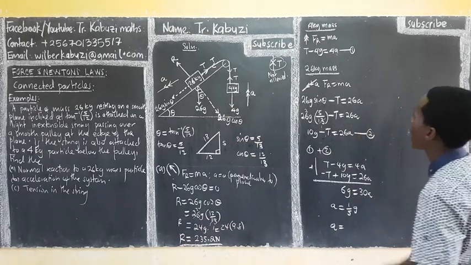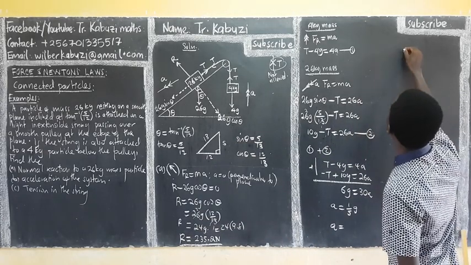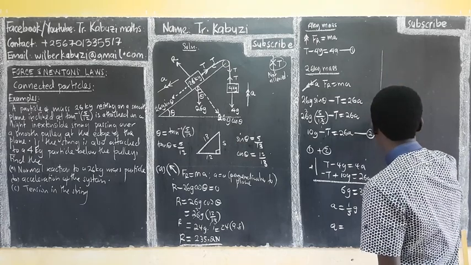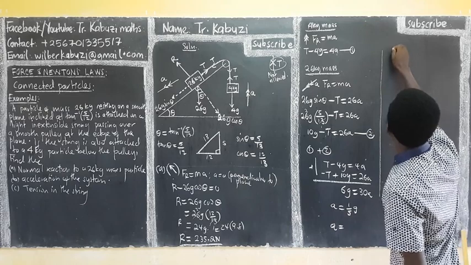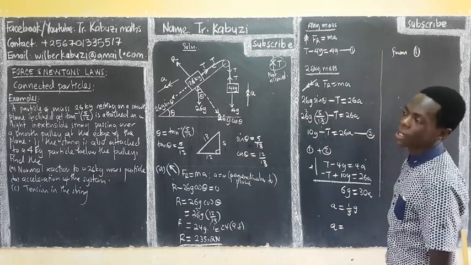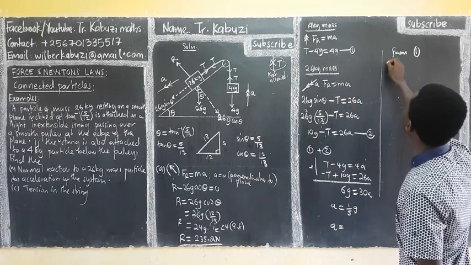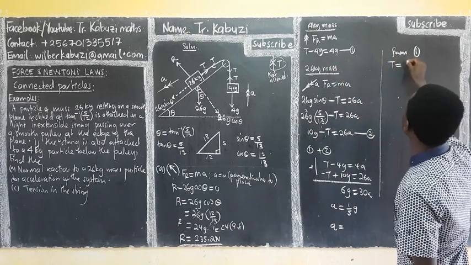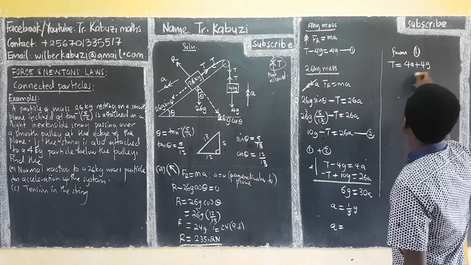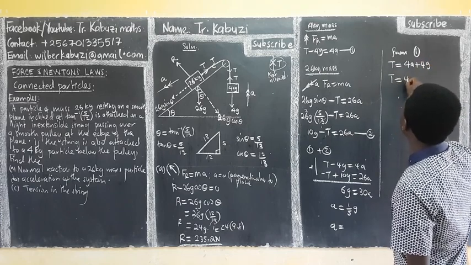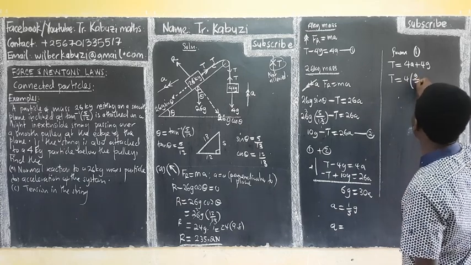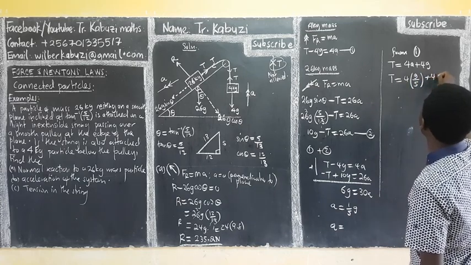Now, from equation 1, it's up to you: either you solve them simultaneously, or from here you can see that your T is going to be 4a plus 4g. So your T will be 4, acceleration is g over 5, then plus 4g.